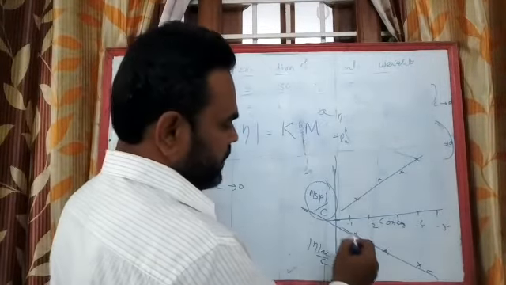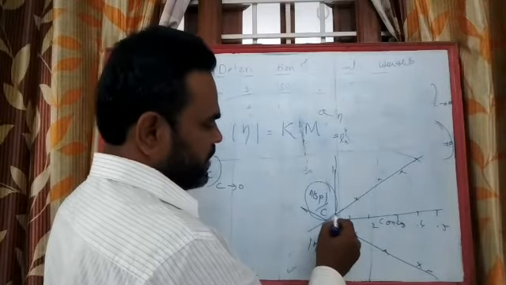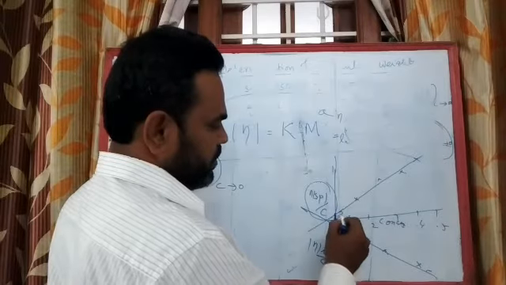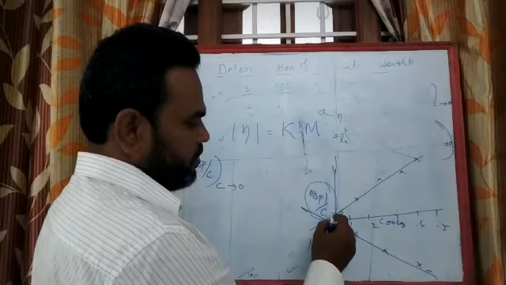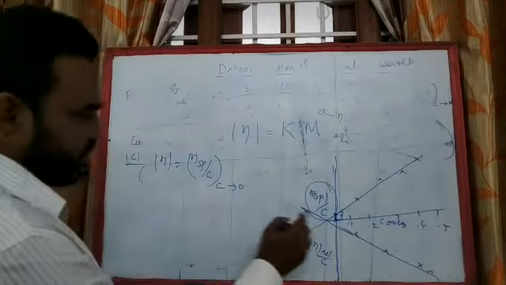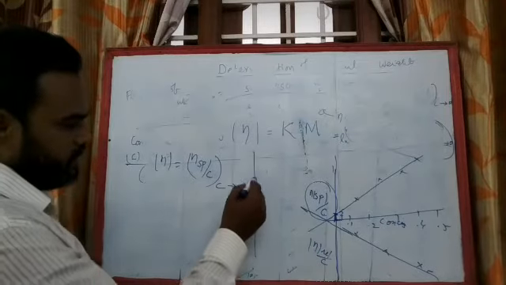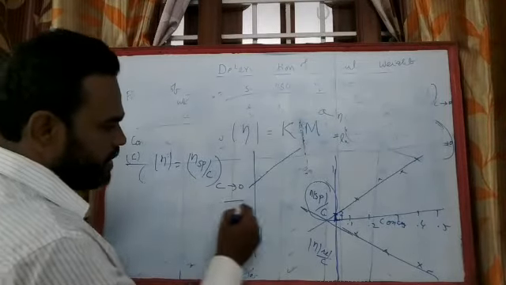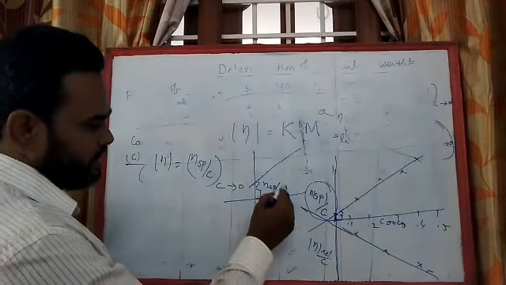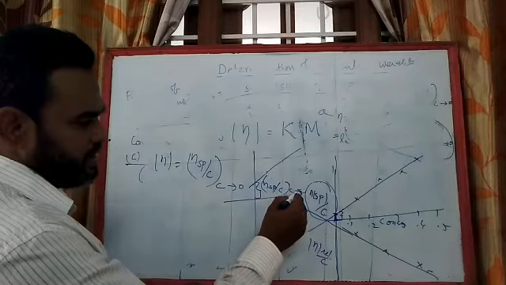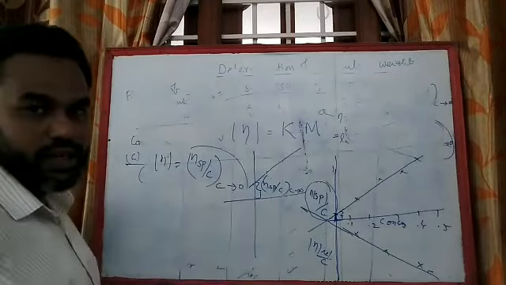Extrapolating this to 0 concentration, the intercept value at 0 concentration gives the eta intrinsic viscosity, that is, eta specific by C as C tends to 0. So the graph intercepts here, and this value is measured from the graph.